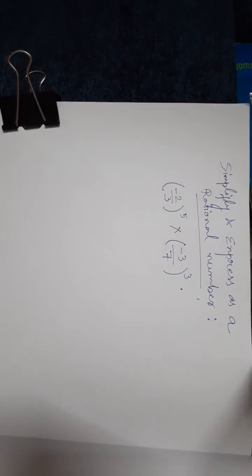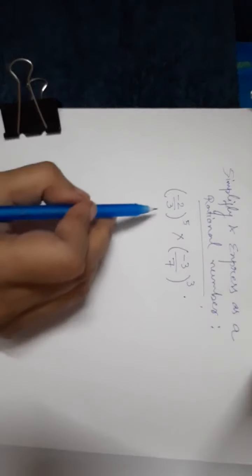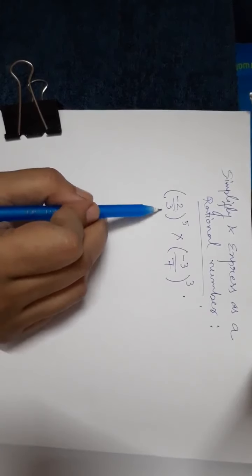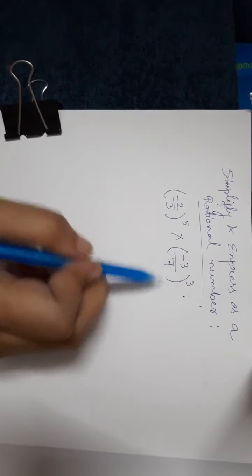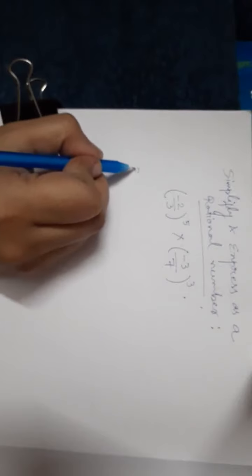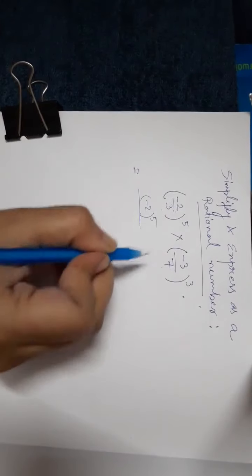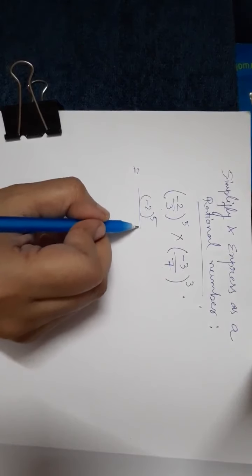Now let's solve this one. Simplify and express as a rational number. How to simplify it? First of all, we can see that this is minus 2, this is 3, this is minus 3, this is 7, and these are written in power notation form. So we can separate this in this way. This is minus 2 raised to the power 5.